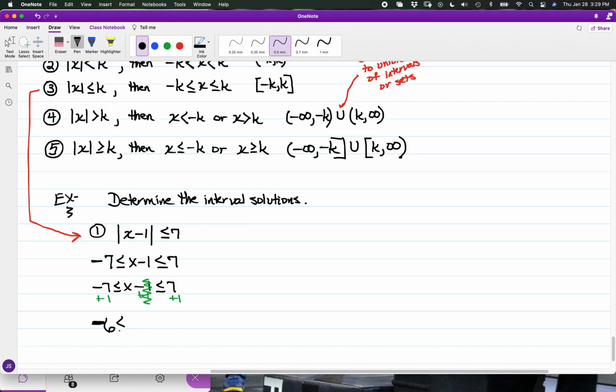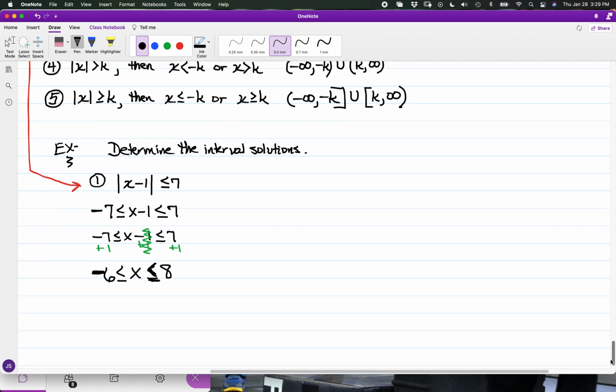And in turn, we have negative 6 is less than or equal to x, and x in turn is going to be less than or equal to 7 plus 1, which is going to be 8. And if you notice, we have negative 6 is less than or equal to x is less than or equal to 8.